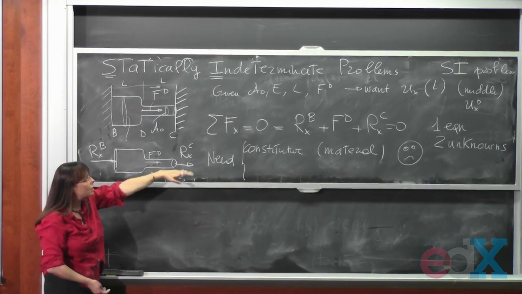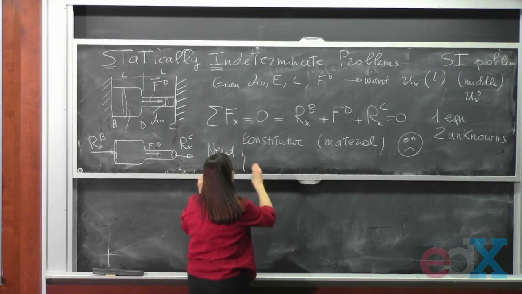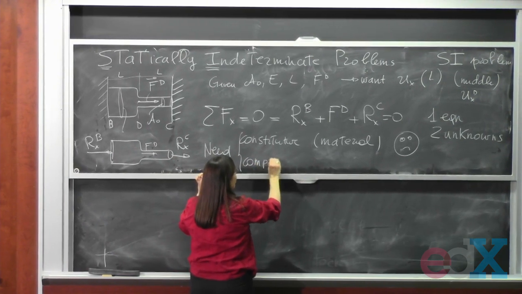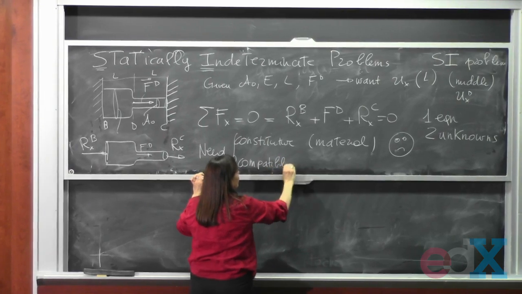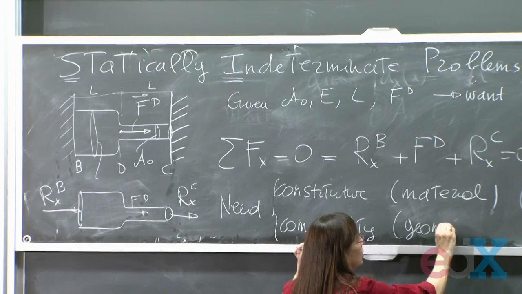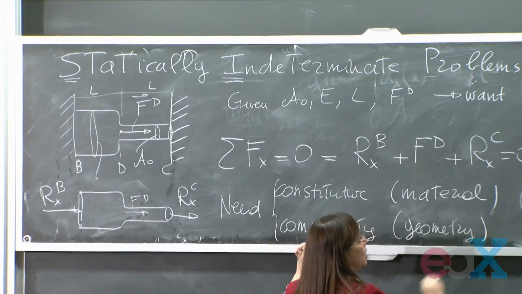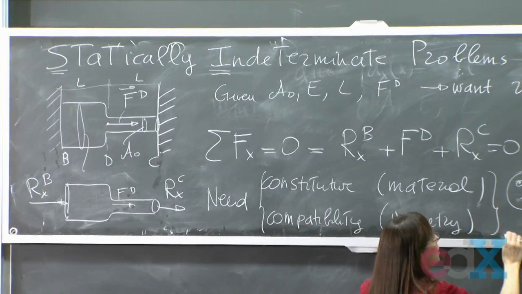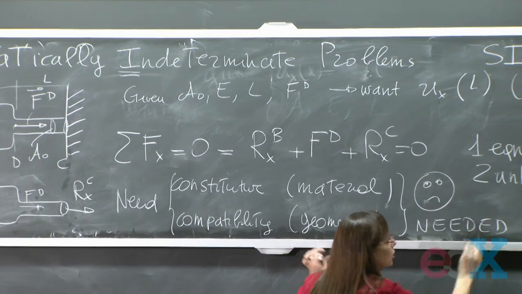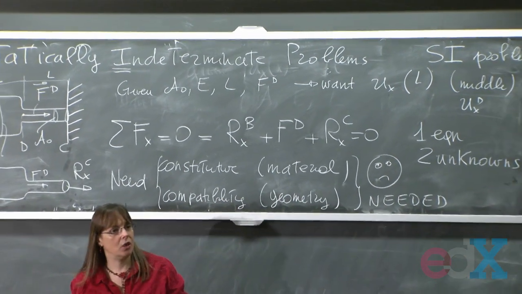So the materials are going to play a role. And of course, the geometry, so compatibility, which has to do with geometry, both of these are needed to solve this problem, okay?